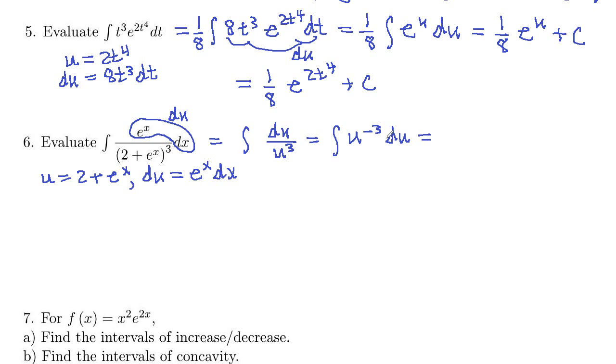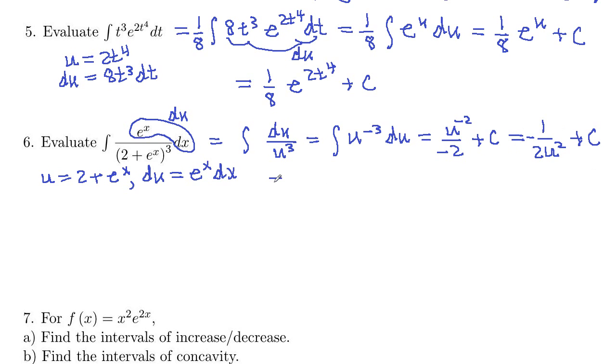And now to integrate that, we raise the exponent, divide by the new exponent. So u to the negative 2, divide by negative 2, and plus a constant because this is indefinite. So we can bring that u to the negative 2 downstairs as a positive 2 exponent. So this will be negative 1 over 2 u squared. I took the negative and brought it out in front, plus a constant.